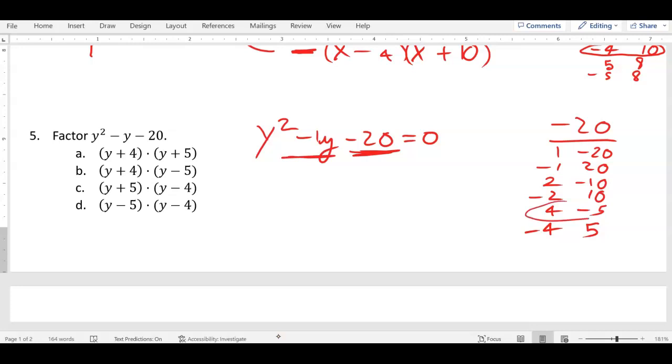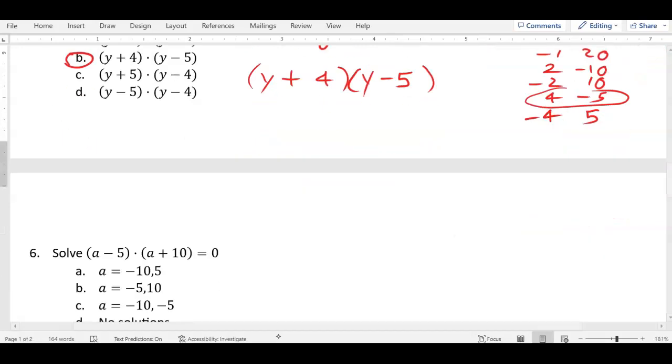And that's going to be right here, 4 and minus 5. So I got my y's, plus 4, I got minus 5, and there we go.